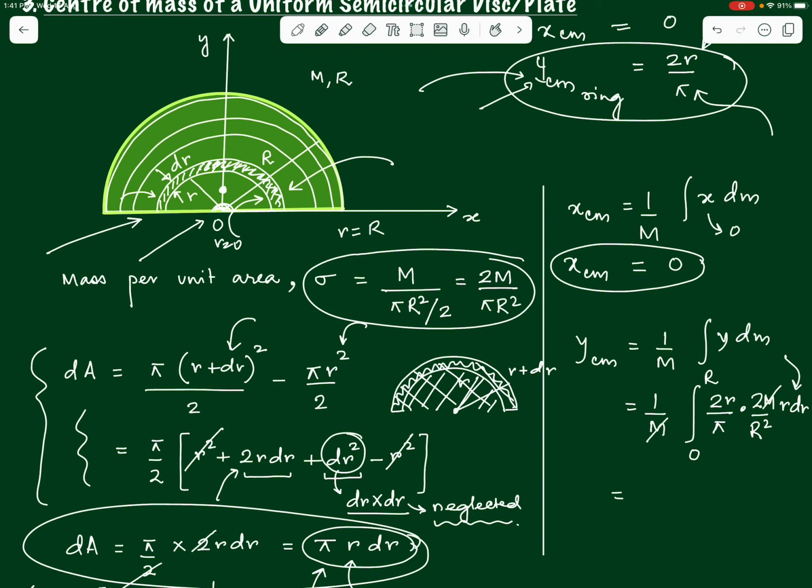Now we can solve this. See that M cancels out and the constants we can take outside. So 4 by pi capital R squared comes out, and inside the integral we are now left with a small r over here and a small r over here.